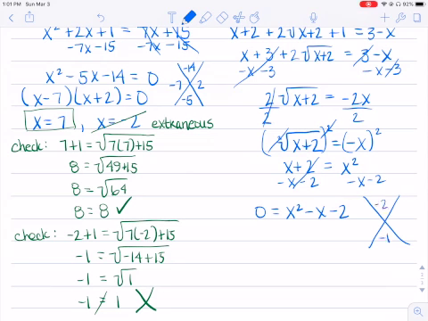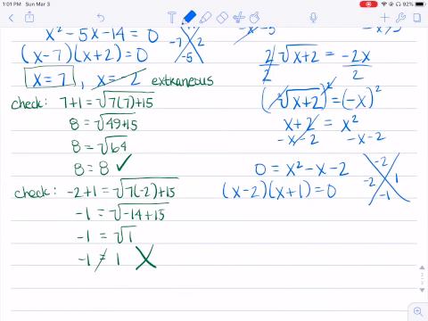So I look for factors of negative 2 that add to be negative 1, which would be negative 2 and positive 1. So I can rewrite this in factored form. X minus 2 and x plus 1 equals 0. And then setting each piece equal to 0, I'm going to get x equals 2 and x equals negative 1.